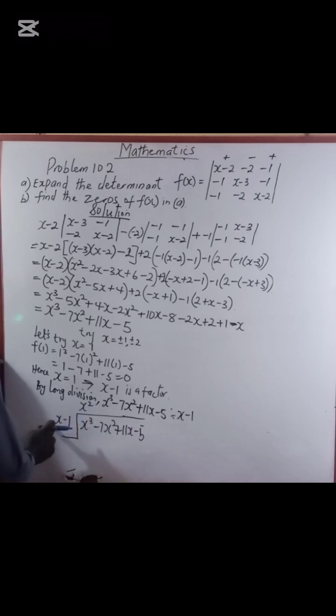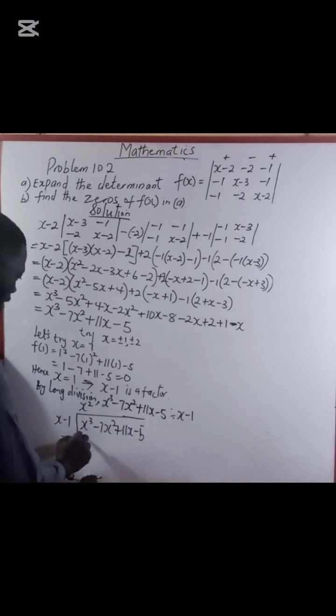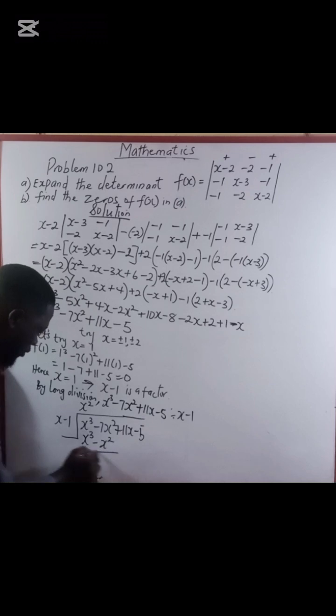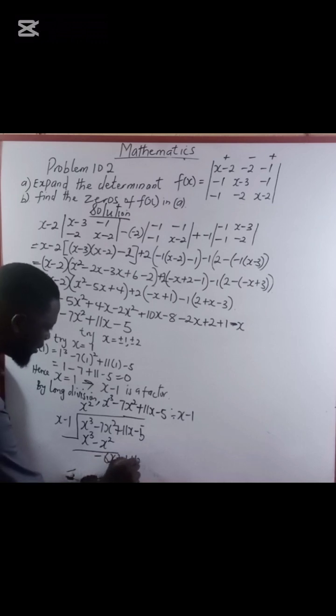You multiply x squared times this, you have x cubed minus x squared. So what you do next is subtract: minus 7x squared minus minus x squared will give us minus 6x squared. So you bring down this 11x.